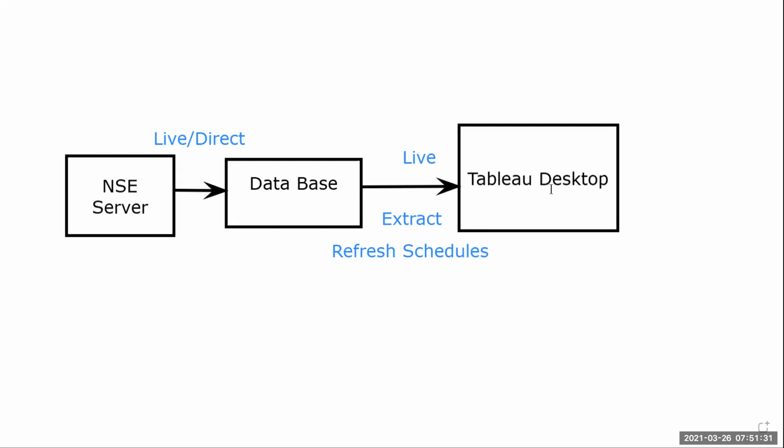Why? Because if we have any mistakes, we can fix them later with an extract. With live, whatever change you do in the database will just replicate there. So let's say we have done something in the database and forgot to make some change.